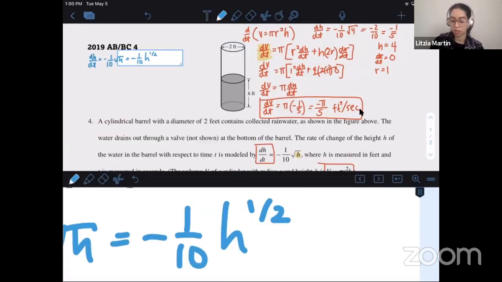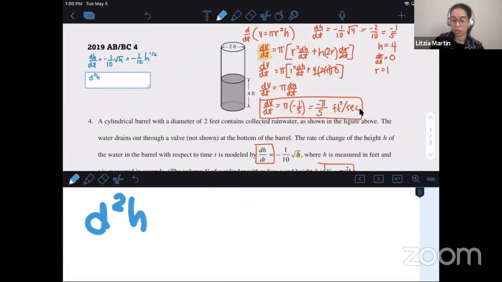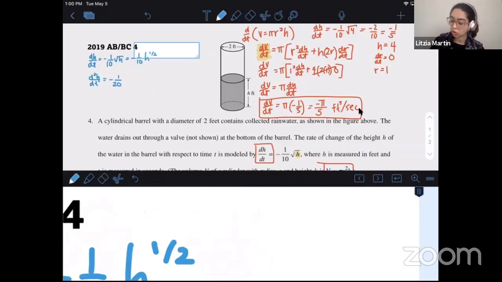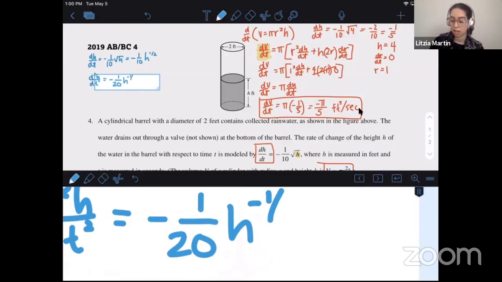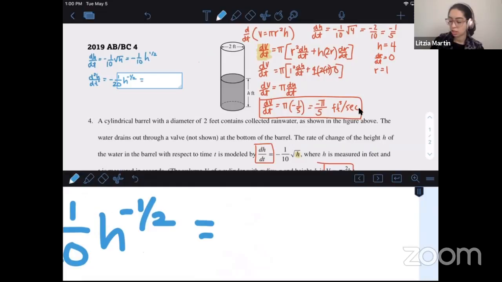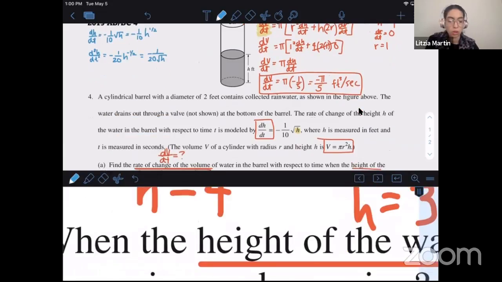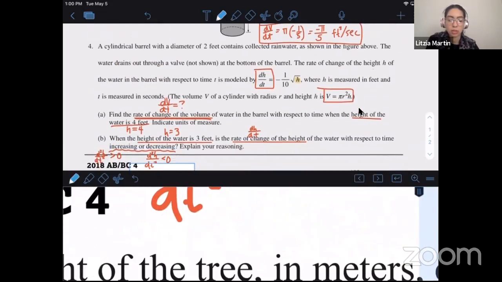So the second derivative will be negative 1 over 20 times h to the negative 1/2, which I can rewrite as negative 1 over 20 times root h. Okay, so there's our second derivative, and we want to know what the second derivative is when our height is equal to 3.